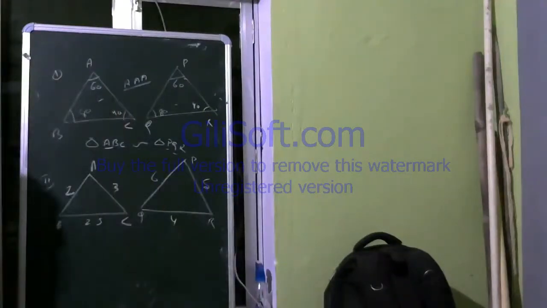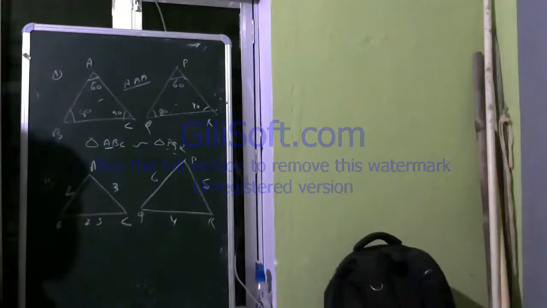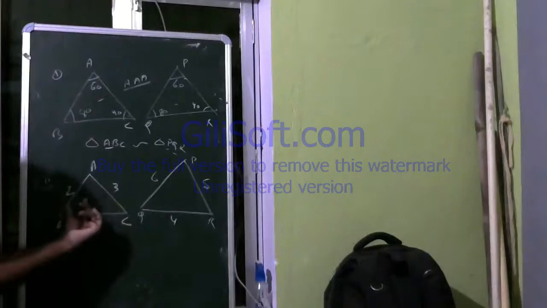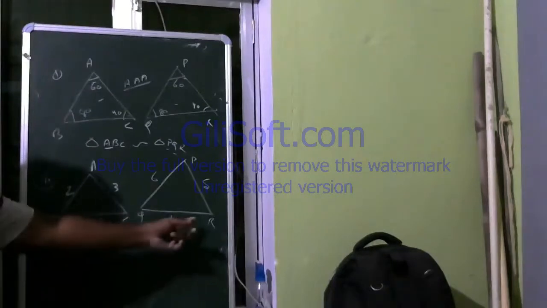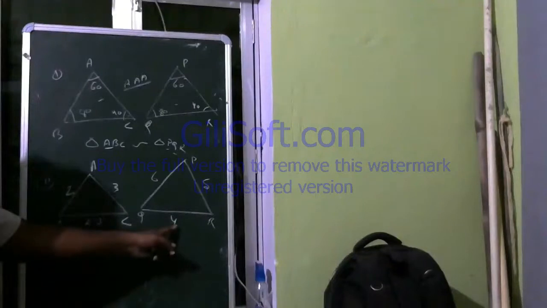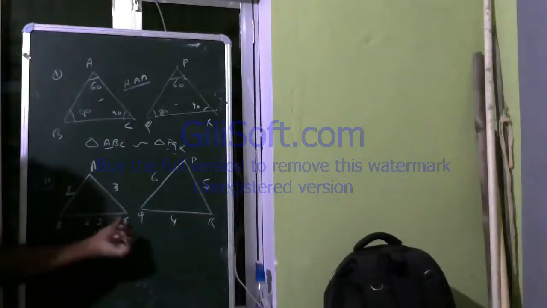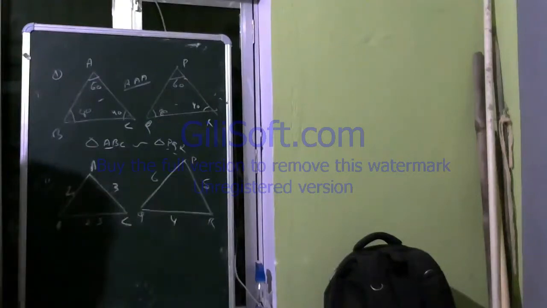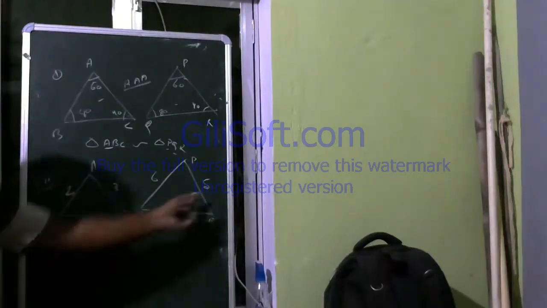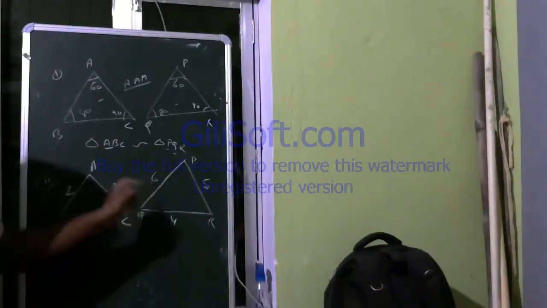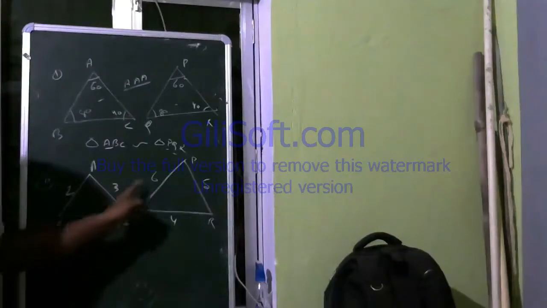Look here. Only the lengths of the sides are given. AB is given 2 and QR is given 4. If we multiply 2 by 2, we get 4. Okay. BC is given 2.5 and RP is given 5. 2.5 multiplied by 2, we get 5. Next CA is given 3 and PQ is given 6. So if we multiply by 3 we get 6.